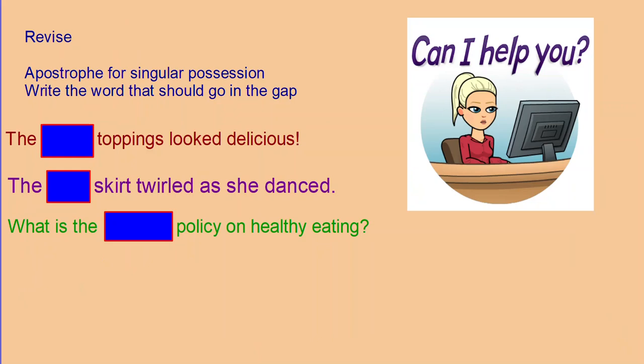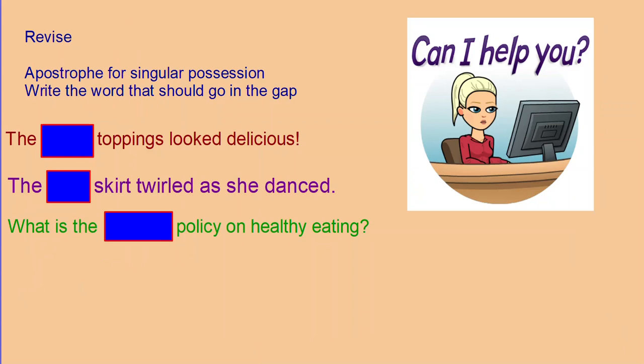The first one in brown: The cake's toppings looked delicious. That's the first one. The second one: The girl's skirt twirled as she danced.